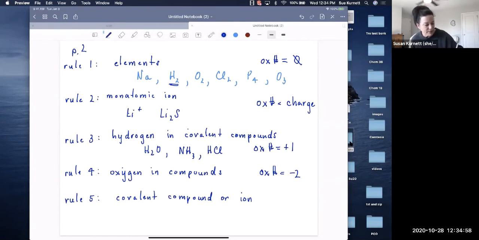If we had a compound like phosphorus trichloride, which is covalent because phosphorus is a nonmetal, and we wanted to state oxidation numbers, the one on the right, we're going to pretend it's an ion. What charge would chloride have as an ion?